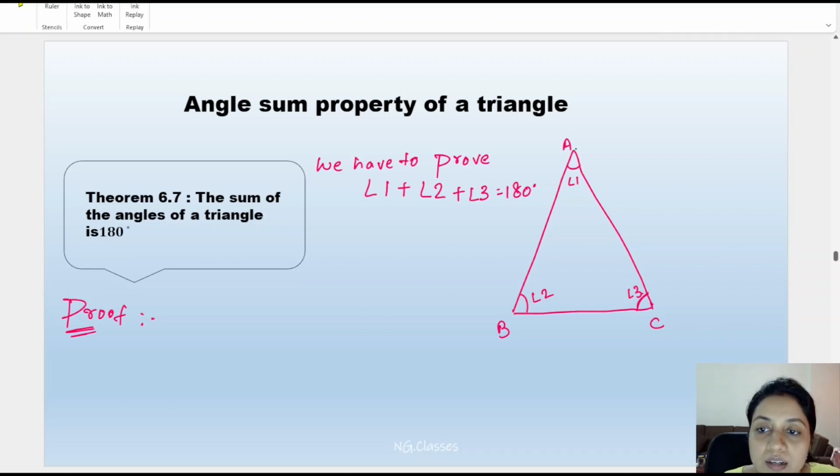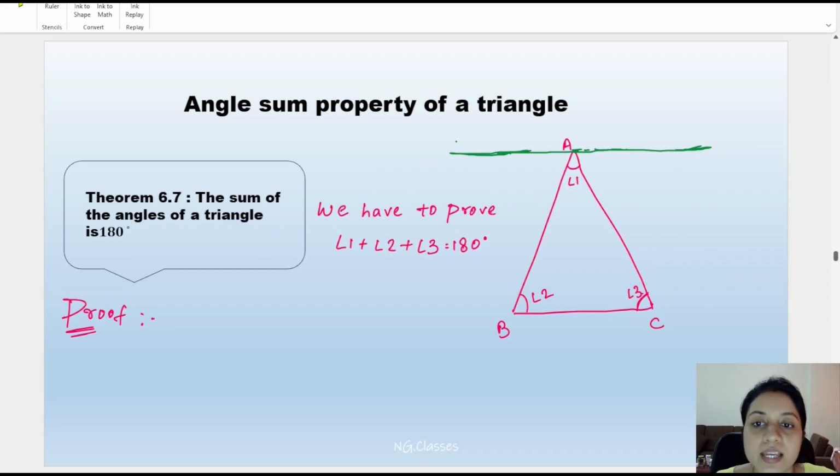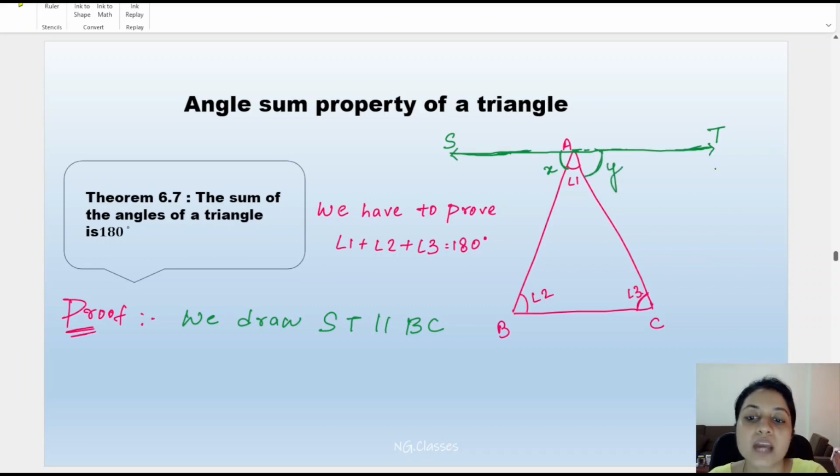So let's draw a line parallel to BC. All right. Let's say this is line ST. We have drawn a line ST parallel to BC. Now here let's say this angle is X and this angle is Y. Since ST is parallel to BC, can we say AB works as a transversal over here?